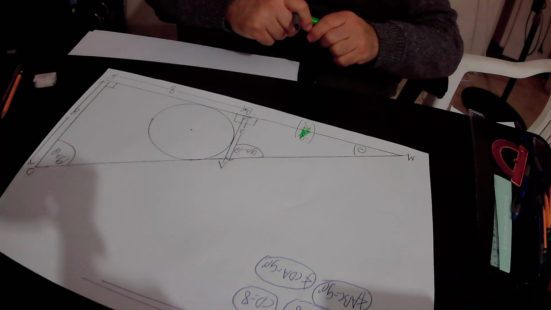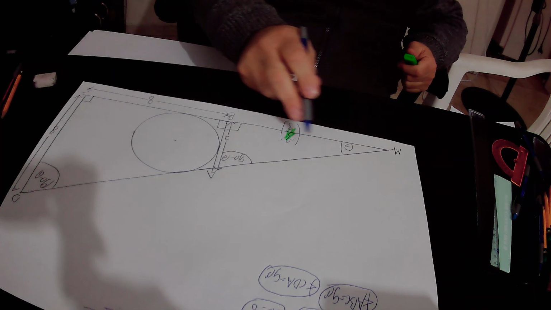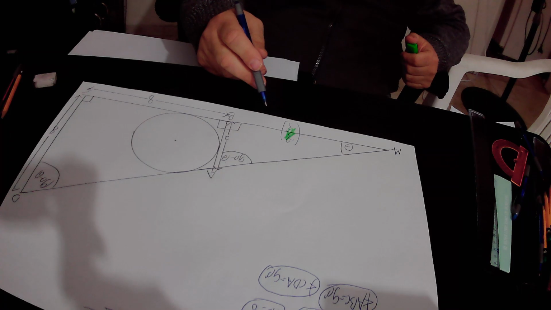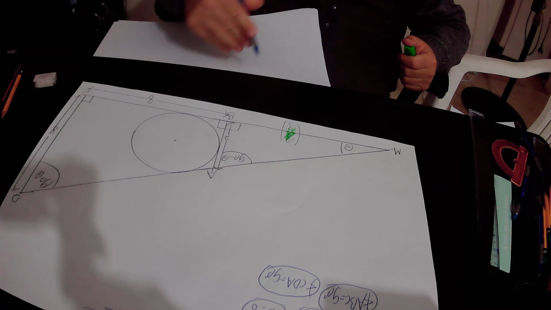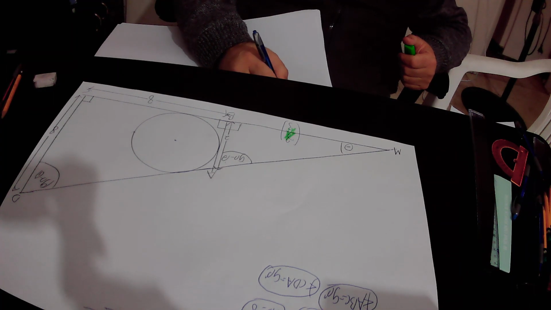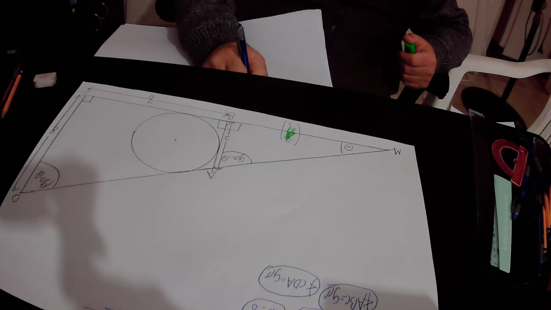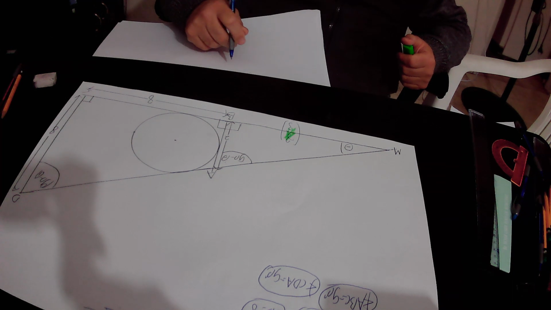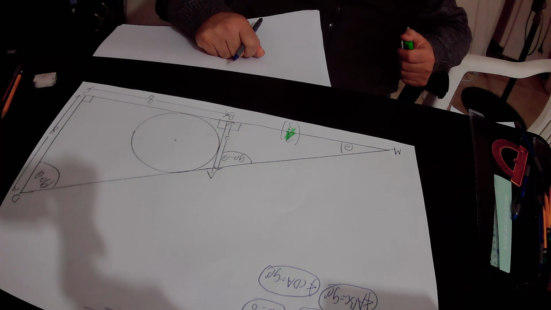In the next step, we will focus on the small right triangle MBA, and we will apply the Pythagoras theorem to it. According to the Pythagoras theorem, in any right triangle, the square of the hypotenuse equals the sum of the squares of the perpendiculars.